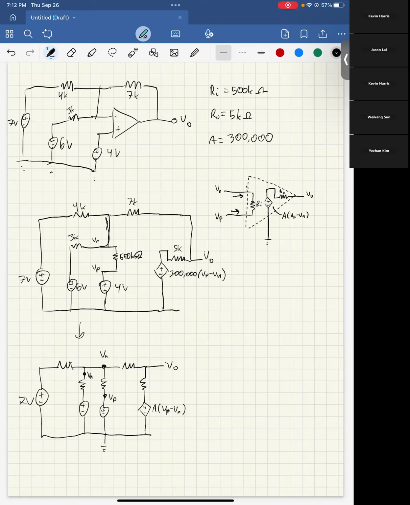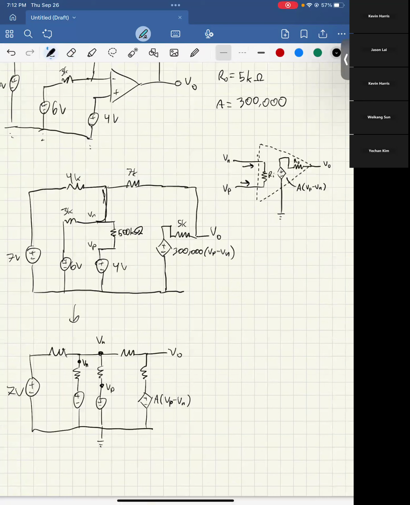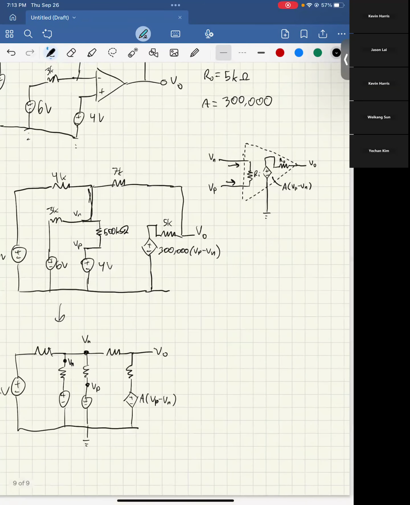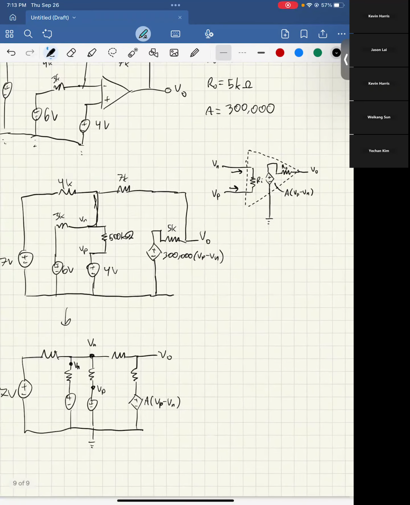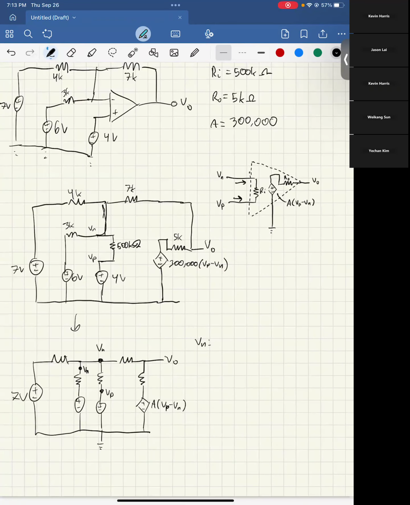You have Vn, you have Vp, you have Vo, and we want to find all the equations you need to write to find Vo. So let's start with Vn. It said use node voltage equations. So for Vn, you would have that 0 equals Vn minus the Vp over 500K.